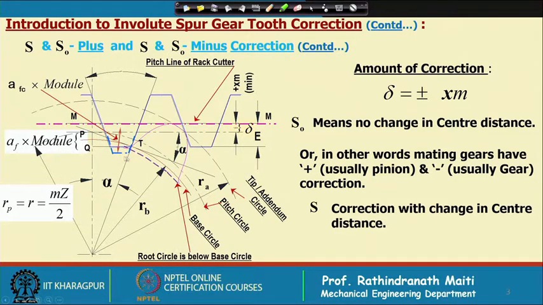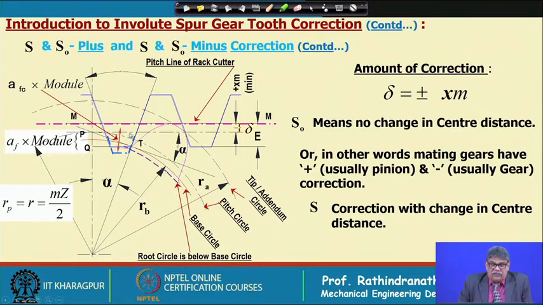Now, in this case, I have shown the dark blue line, that is the increase in tooth height. This is from the pitch line, this height is AFC into module, that is the addendum factor of the cutter into module. The addendum factor of the cutter will be 1.25.